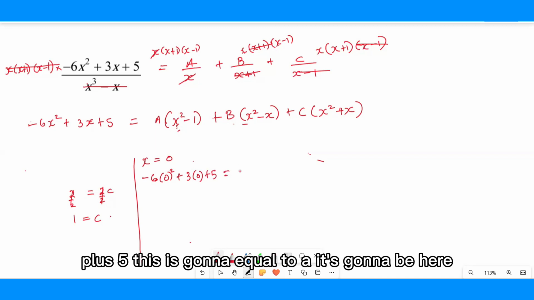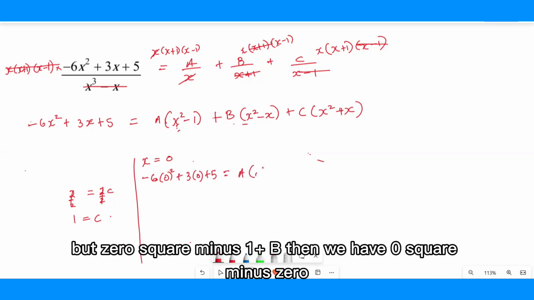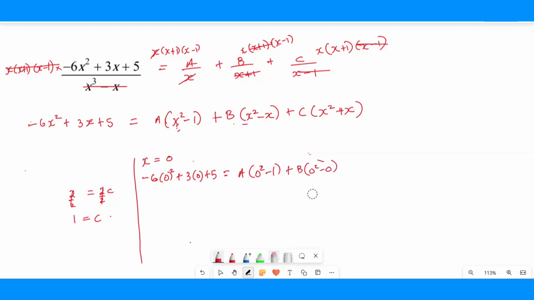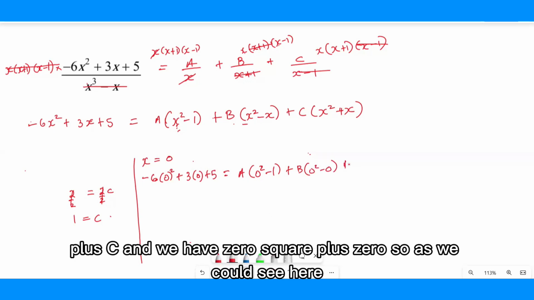This is going to equal a times 0 squared minus 1, plus b times 0 squared minus 0, and plus c times 0 squared plus 0.